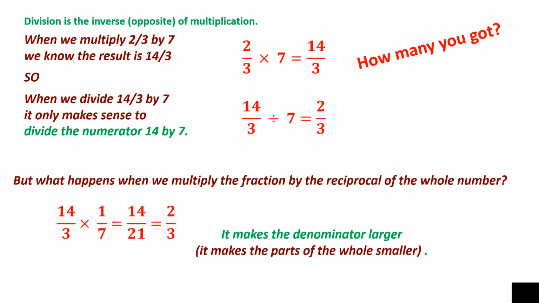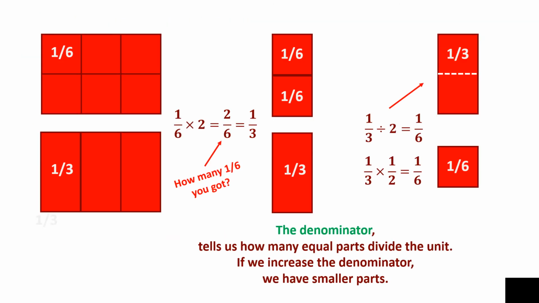So the formula works. But let's look at that again. So when we multiply a fraction by a whole number, we really only multiply the numerator by the whole number. Here we're looking at an area model for 1/6. When we multiply 1/6 of a unit by 2, the product is 2/6.